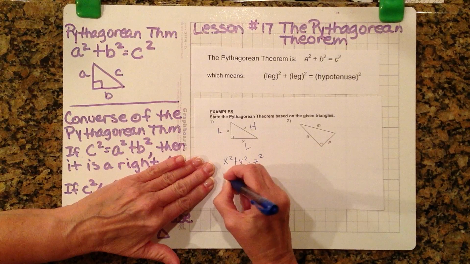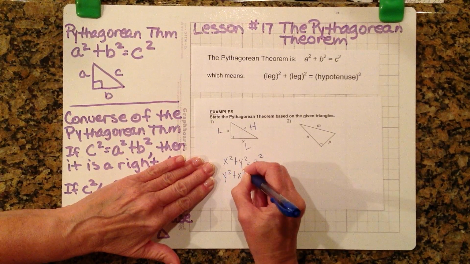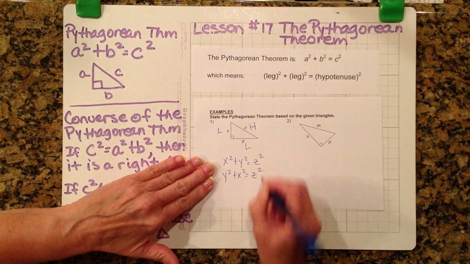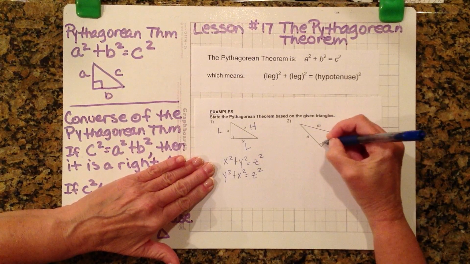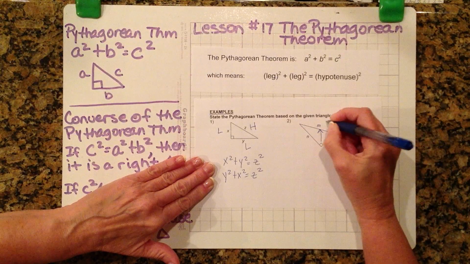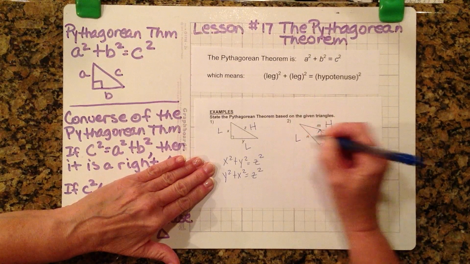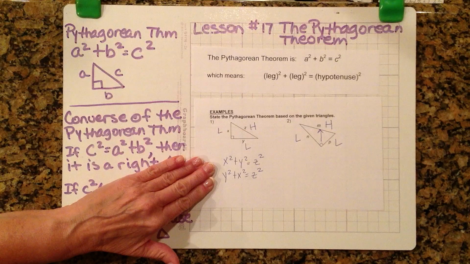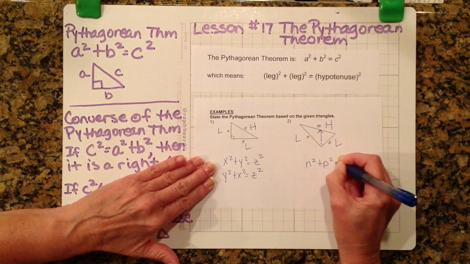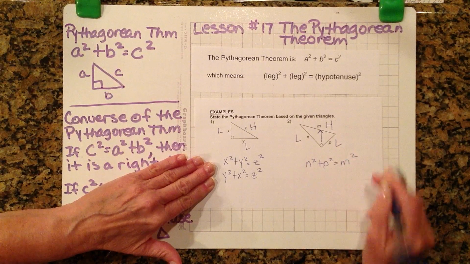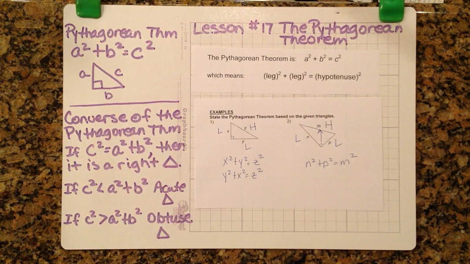If I wanted to, I could say y squared plus x squared equals z squared. Okay? You can flip those two legs. Okay, right here, where's my hypotenuse? It's opposite the right angle. So that's a hypotenuse, and that's a leg, and that's a leg. So I can write n squared plus p squared equals m squared. Okay, so that's basically working some problems where we're just setting them up.